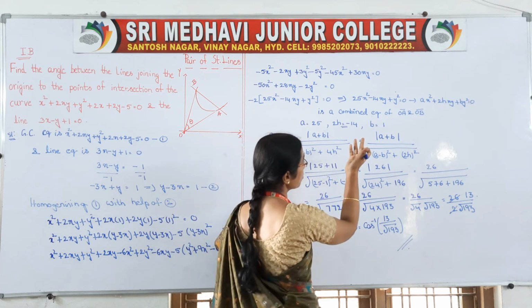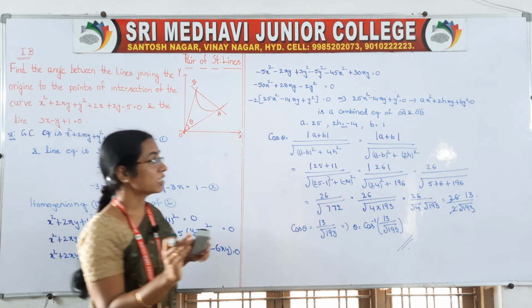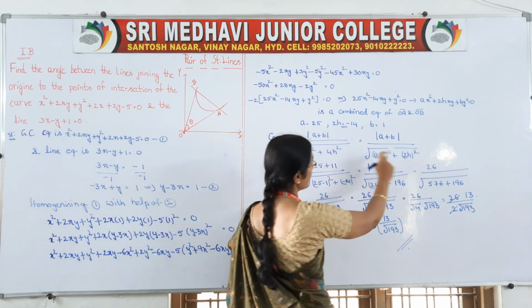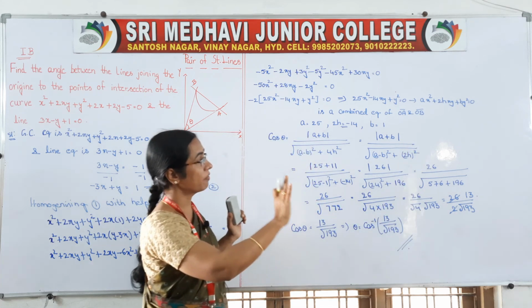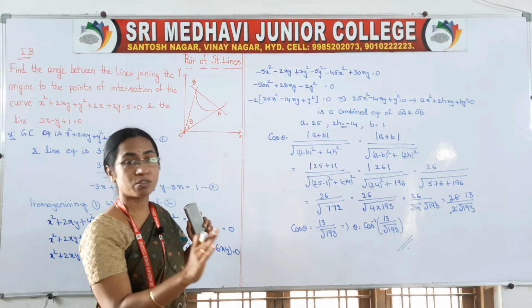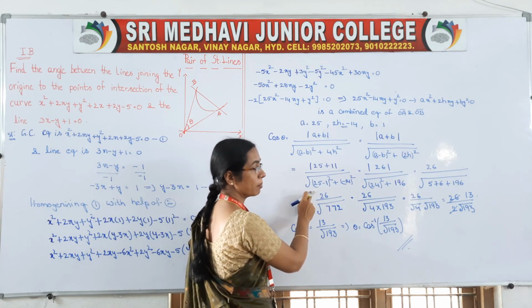The 4h square value is not there with us, but we have 2h. That's why 4h square can be taken as 2h whole square. Now we have all the values. Just substitute in the formula.